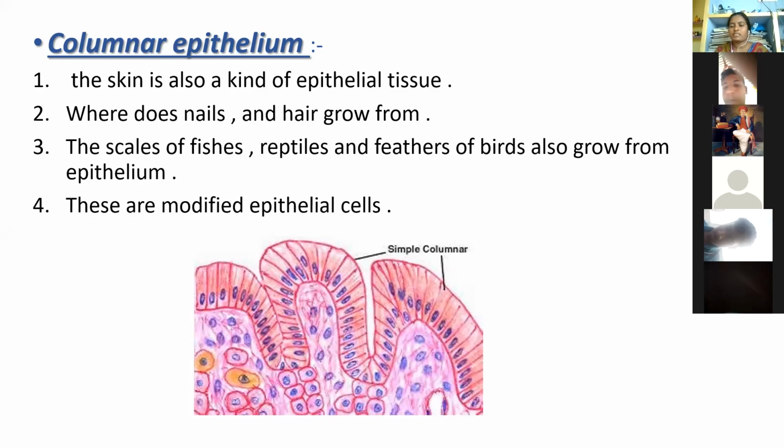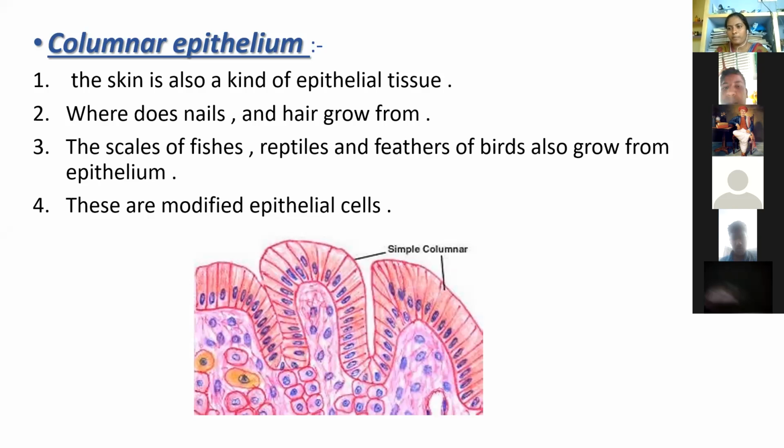Next, the scales of fishes, reptiles, and feathers of birds also grow from epithelium. These are modified epithelial cells.